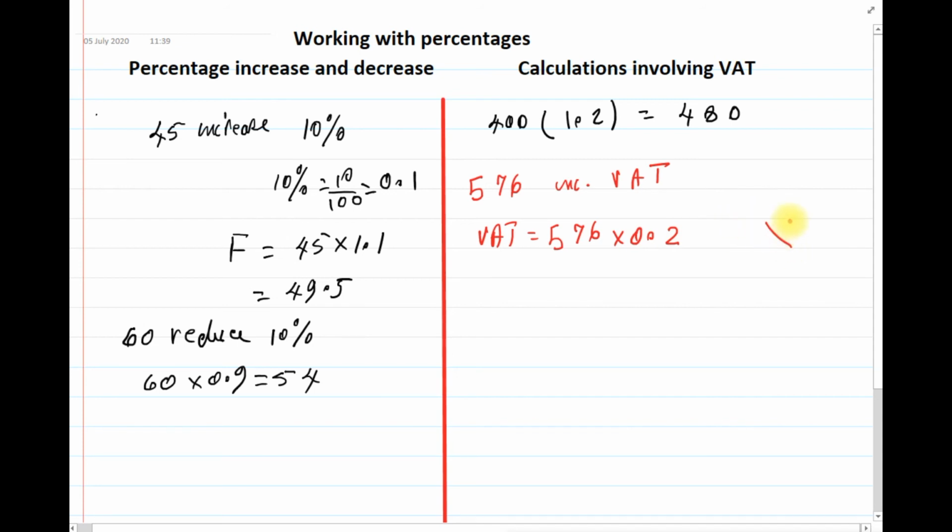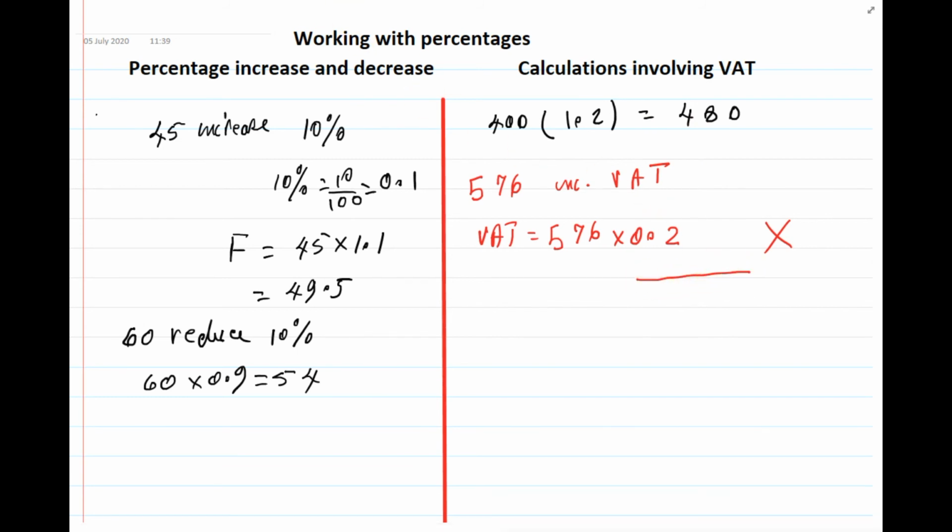Now, this is incorrect because that price of 576 already has got 20% VAT included in it. So we are working out 20% of the VAT as well.